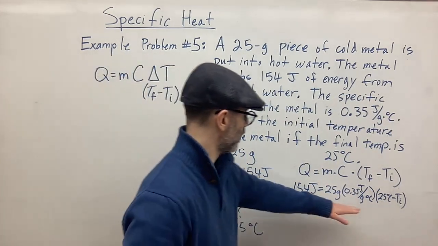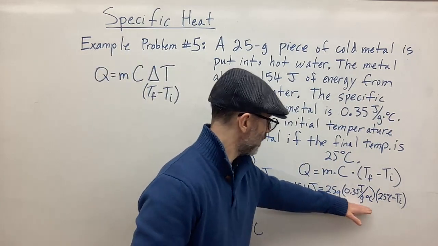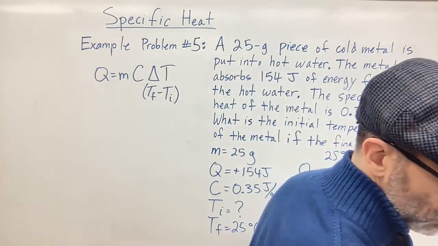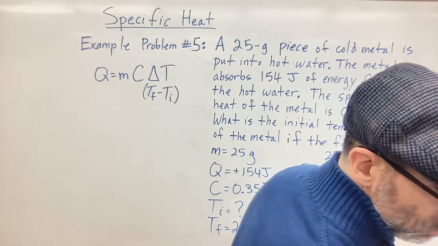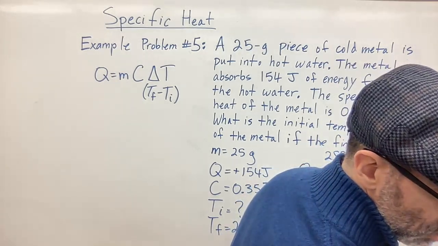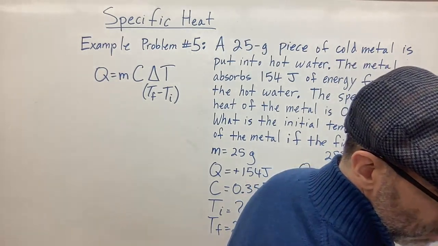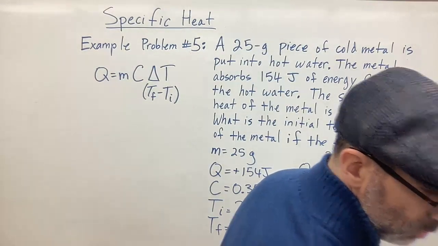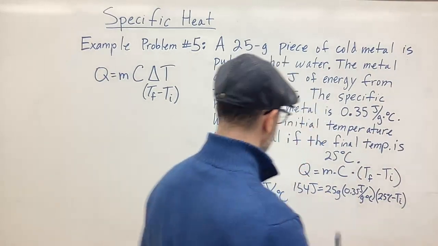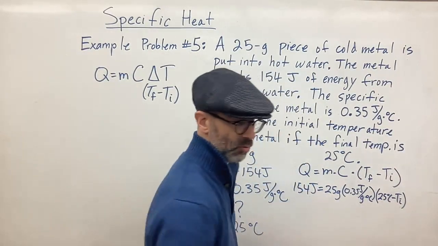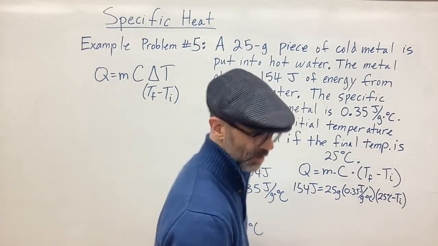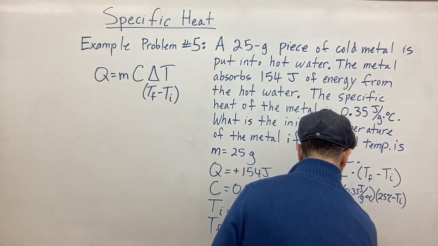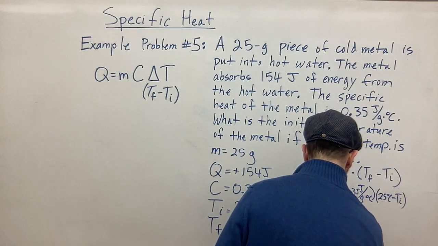In this case, we can multiply everything here. Hold on a second. We can multiply these together, and then we'll get 875 for 25 times 0.35, so this is equal to 8.75.